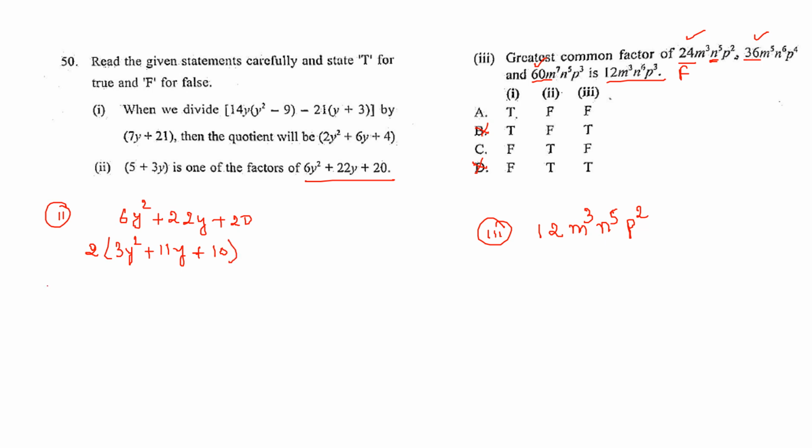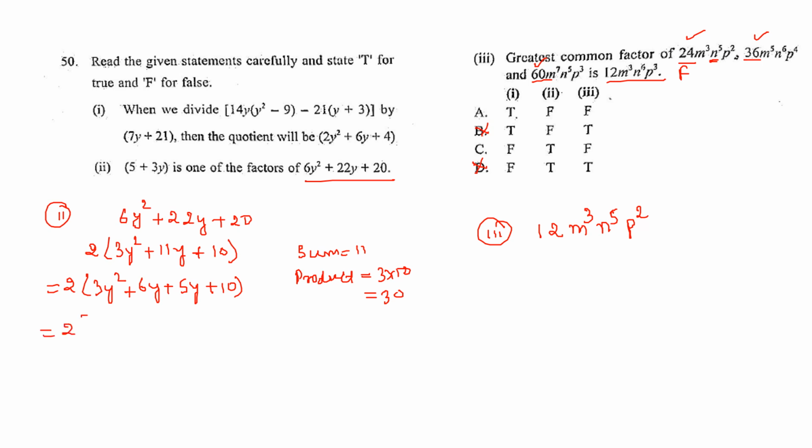Now in this type of factorization, your sum is 11 and your product is 30, right? 3 into 10 is 30. So you have to find numbers whose sum will give you 11 and their product will be 30. 6 plus 5 will give me 11 and 6 into 5 is also 30. So I can factorize it like 3y square, and 11y I can write as 6y plus 5y, plus 10.